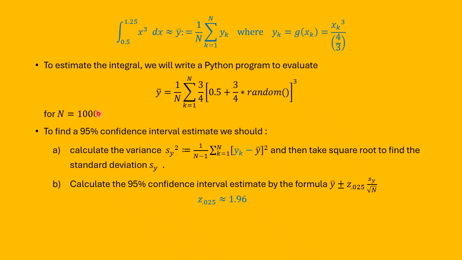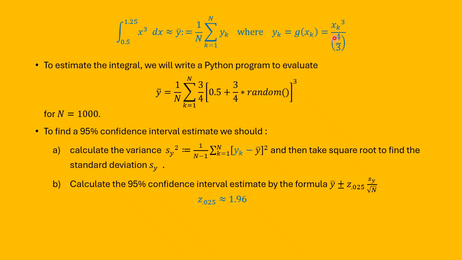So y bar, the sample mean of 1,000 data values, the y sub k's, is going to be 1 over n, sum k goes from 1 to n, 3/4 times x sub k cubed. And this is x sub k right here, and it's cubed. What we have right here is exactly what we have right here.